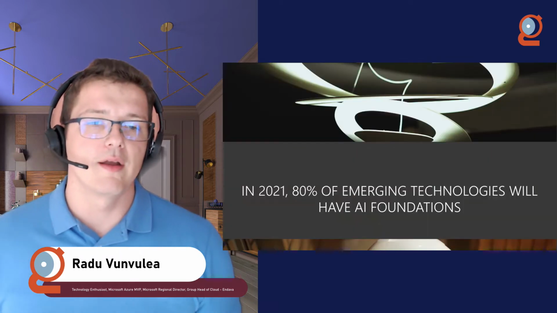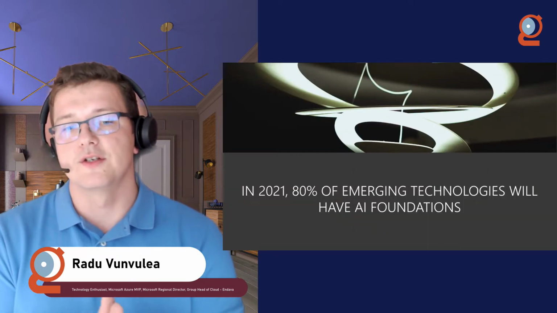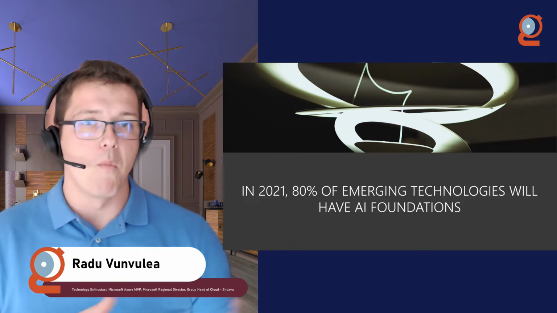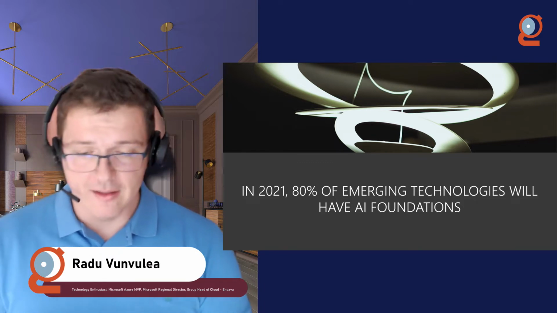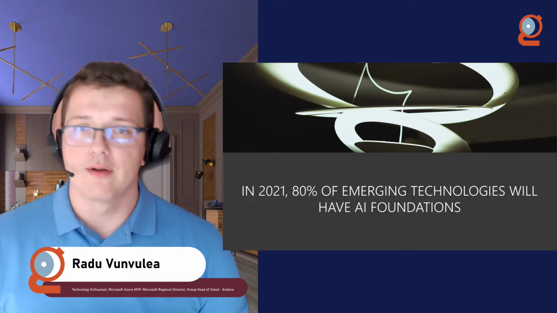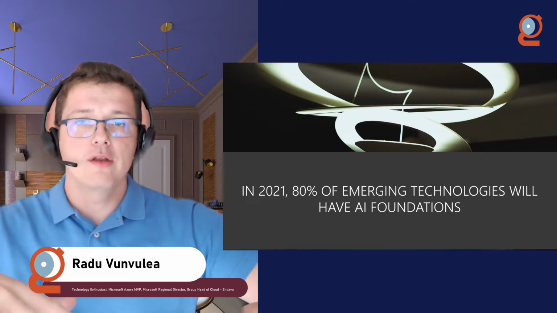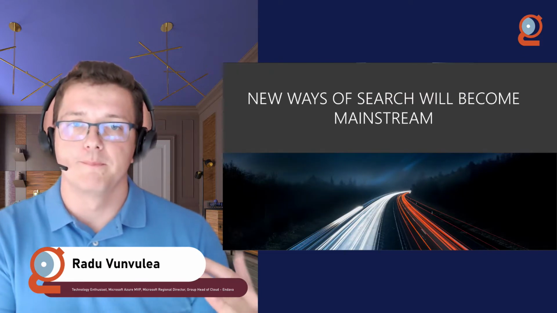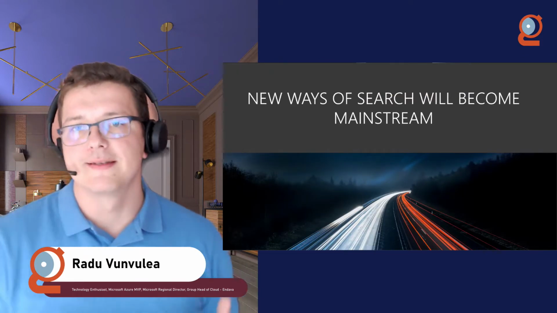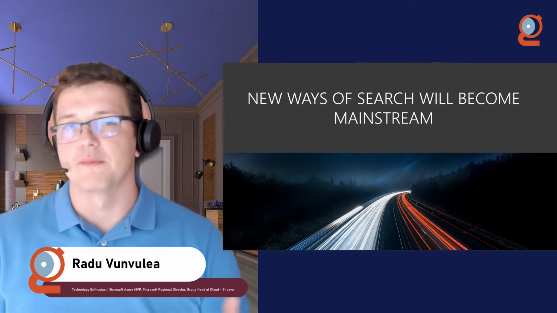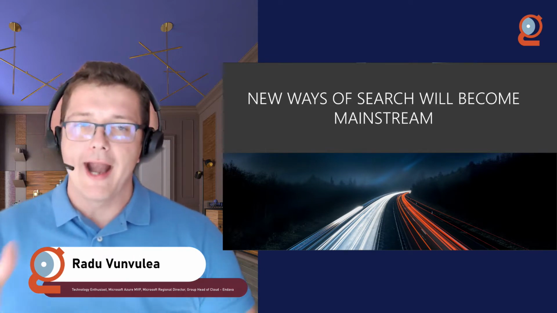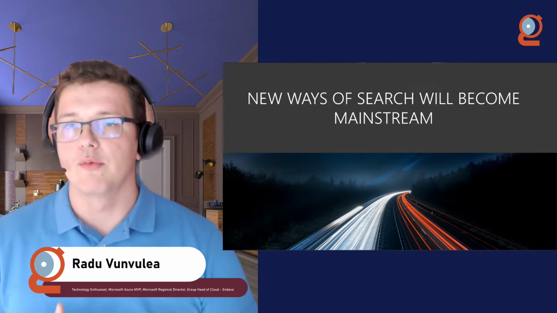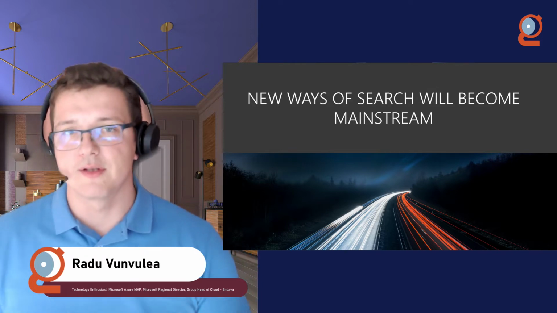In 2021 alone, 80% of emerging technologies were built on top of AI, more or less, meaning that we are now in a world where almost all new technologies that are coming, from the development side, the pipeline side, the data side and so on, have a part built on top of AI to improve how we do queries, how we do backups, how we get data.